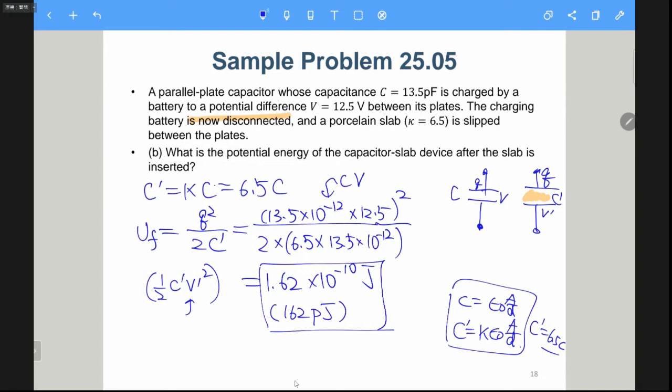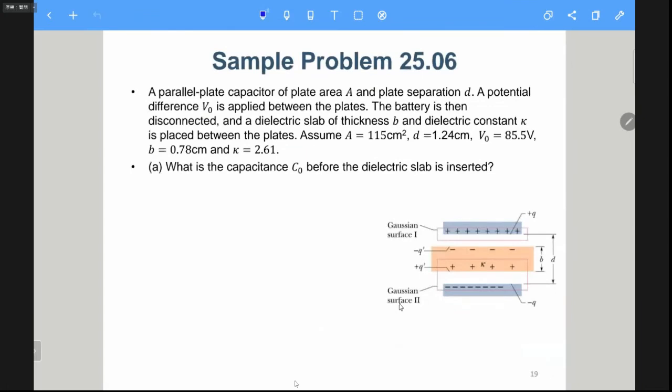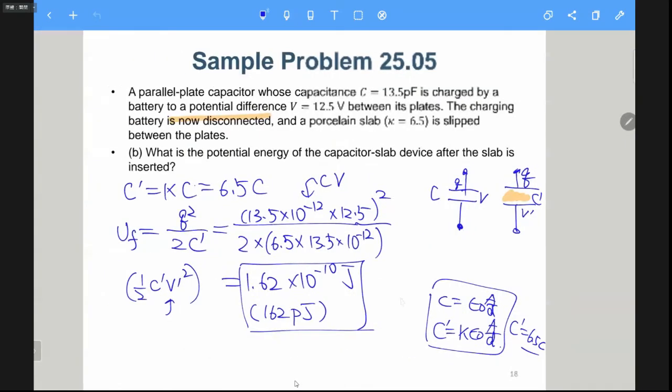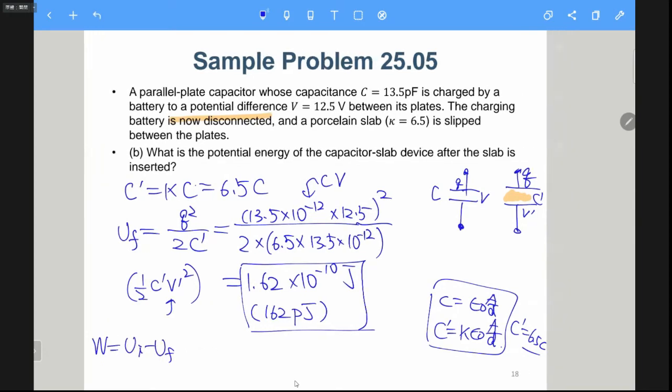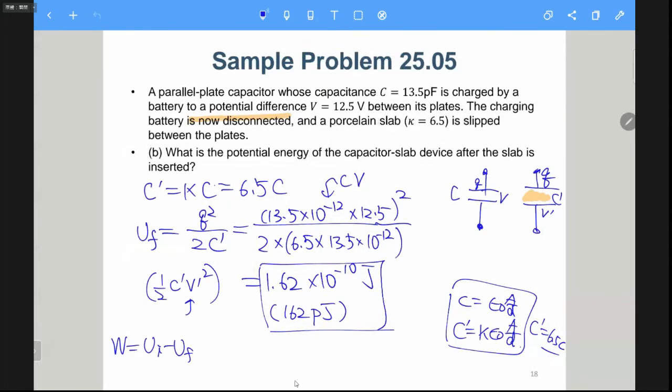Okay, so still very easy. Actually, the work W will be U initial minus U final, which is 1.055 times 10 to the minus 9 minus 1.62 times 10 to the minus 10, which is 8.93 times 10 to the minus 10 joule.